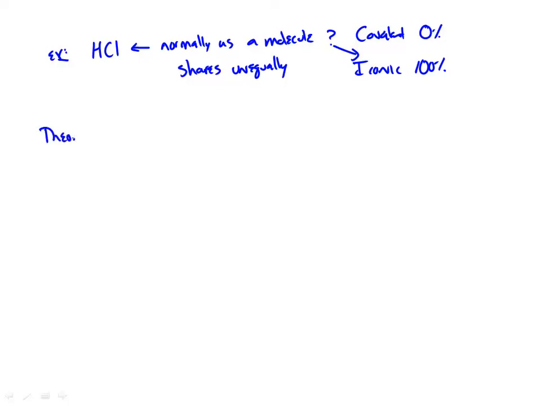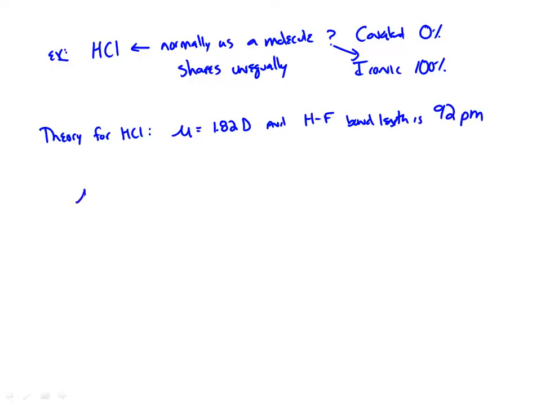The theory for HCl predicts that if the dipole moment is 1.82 debye and the HF bond length is 92 picometers, then theoretically the dipole moment should be 1.60 times 10 to the minus 19 coulombs times 92 times 10 to the minus 12 meters.